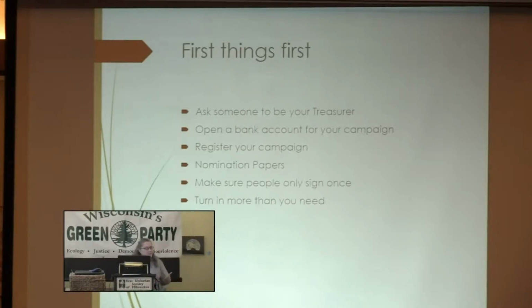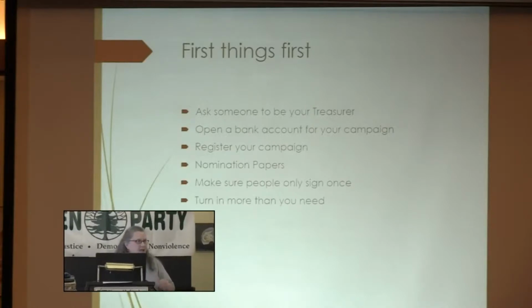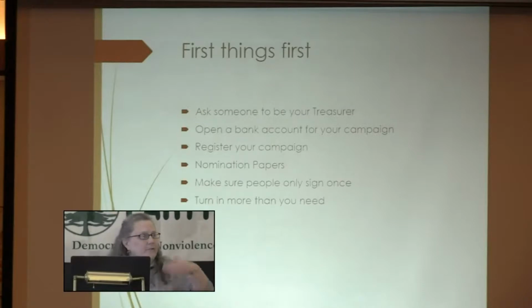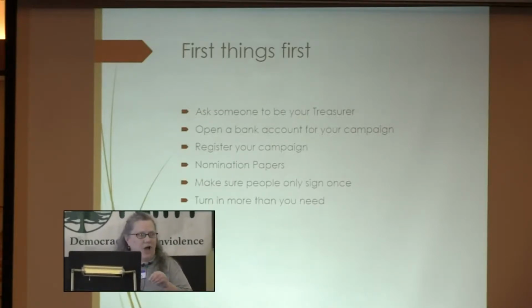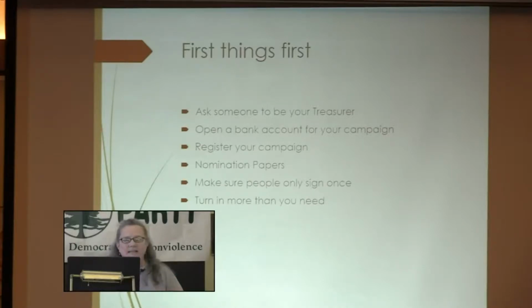So once you've got your bank account open, you can then register your campaign. You have to register your campaign at different levels. I'm not going to specifically talk about how that happens, but in the links that we'll be sending you, there will be different places you can see, whether you're filing at the national level, the state level, the county level, or the municipal level.